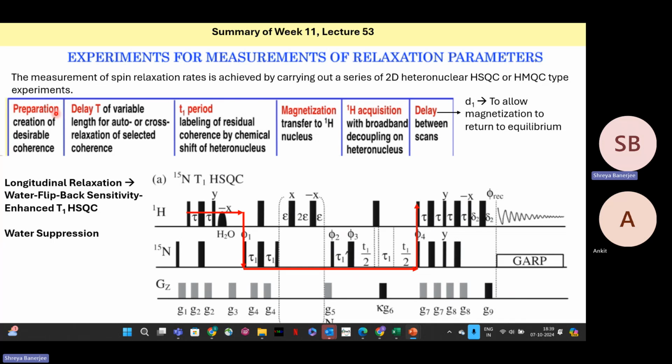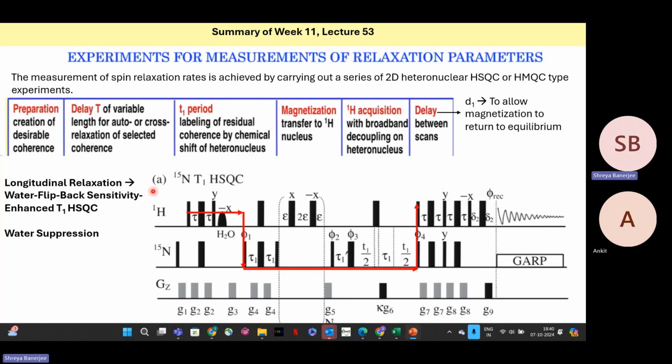First, there is a preparation time for creating a desirable coherence. Then you have a delay of tau for auto or cross relaxation of the selected coherence. Then a time period t1 of labeling of the residual coherence by chemical shift of heteronucleus.